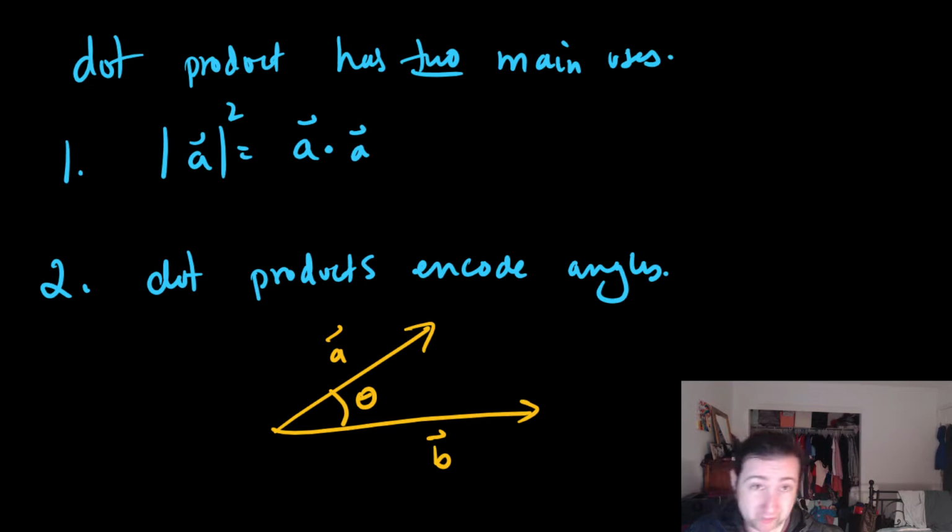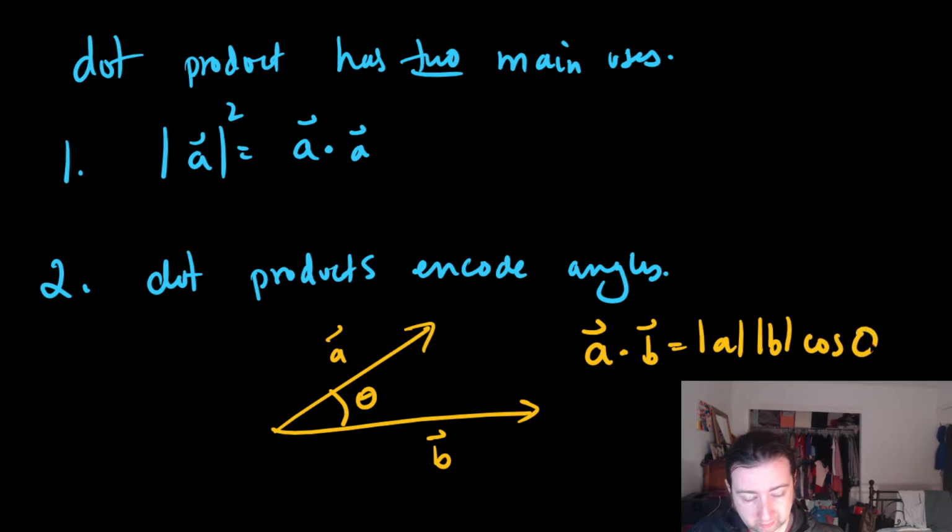Using the law of cosines, you can show that A dotted with B is equal to the length of A times the length of B times the cosine of the angle between them. So this is a really useful formula in a lot of cases because oftentimes I want to know the angle that sits between two vectors. And the dot product is the primary tool for doing that.